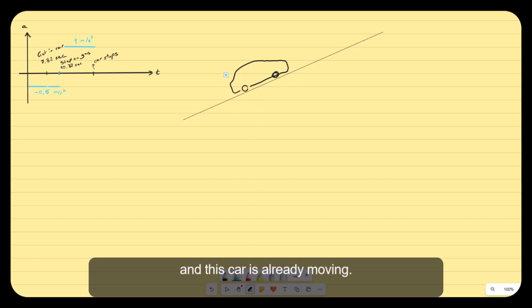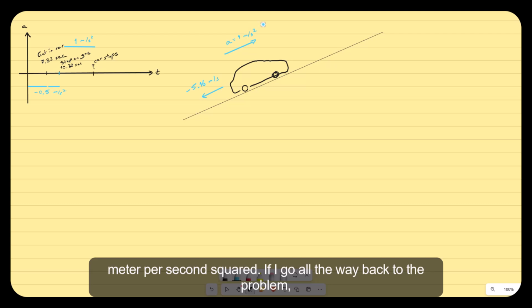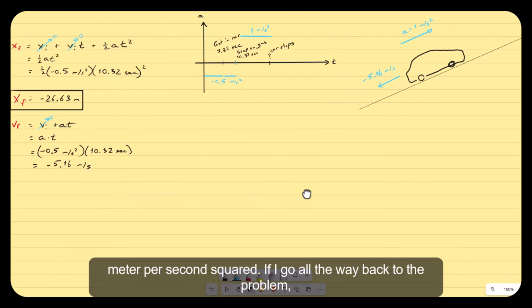And this car is already moving. It's moving at negative 5.16 meters per second. And now I am applying an acceleration this way of 1 meter per second squared, if I go all the way back to the problem.